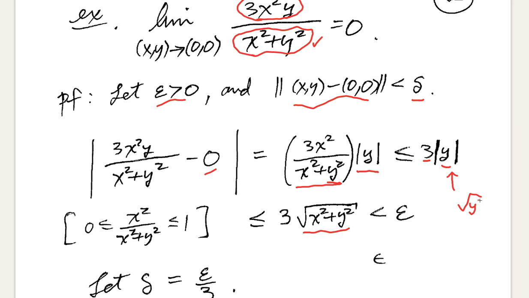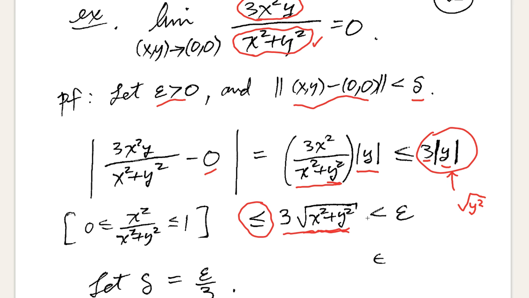The square root of y squared is the absolute value of y, not y. So if I add an x squared in here, it's going to be at least as large. So you see the direction of the inequality right there. This is clearly less than or equal to this.